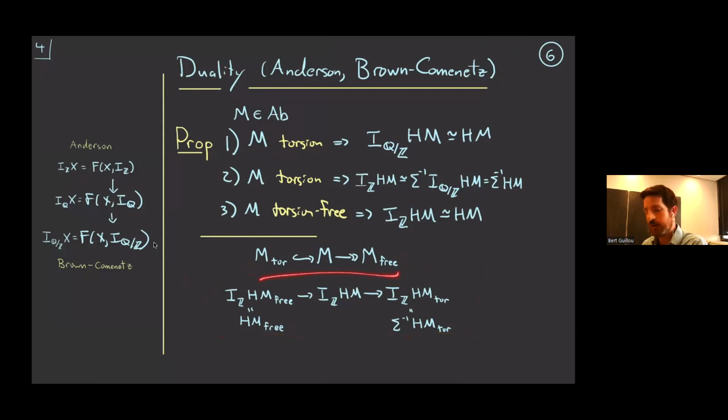You first get a cofiber sequence of Eilenberg-MacLane spectra, and then passing to Anderson duality, you get this fiber sequence. The Anderson dual of the free part is just the free part itself, whereas the Anderson dual of the torsion part is a shifted copy of the torsion part. And so we get this sequence describing, at least, the homotopy of the Anderson dual. We're going to get the free part in degree 0 and the torsion part in degree -1.